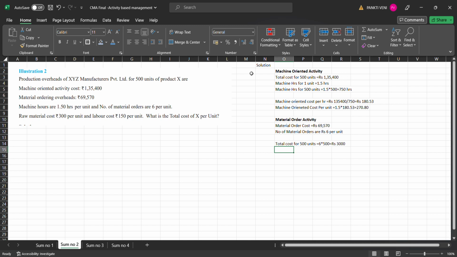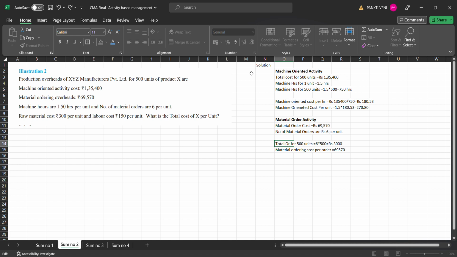Okay, now we have material ordering cost per order. So 69,570 is my total cost. Okay, your number of material orders are 6 per unit. So this is my total cost, total orders.